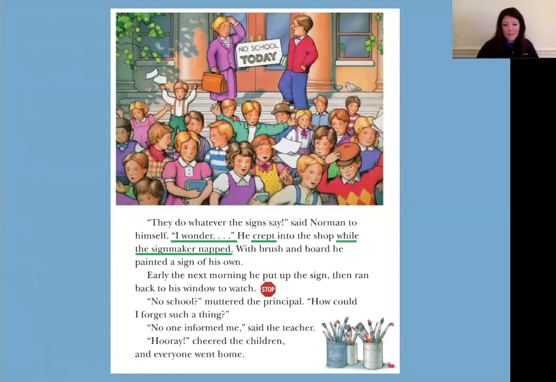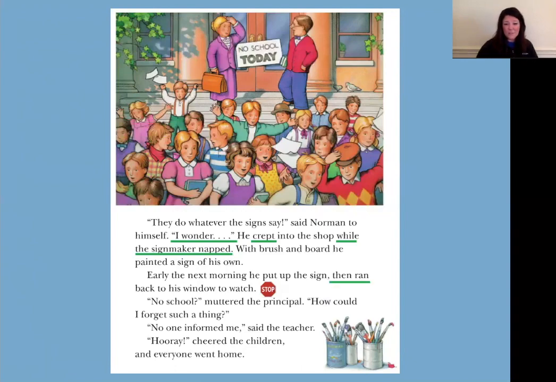Yeah. He's doing this all while the sign maker naps. Oh my goodness. That tells me he's being really sneaky. It sounds like he's up to something not too good. And he goes into the shop and paints a sign of his own. I don't think he would have done that if the sign maker wasn't asleep.